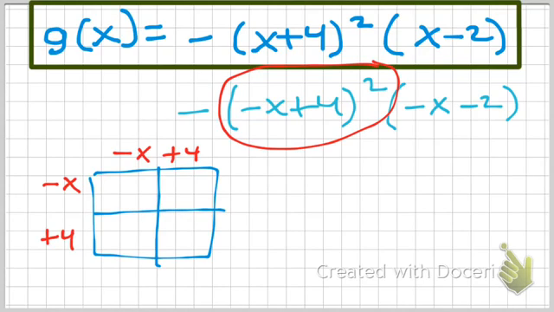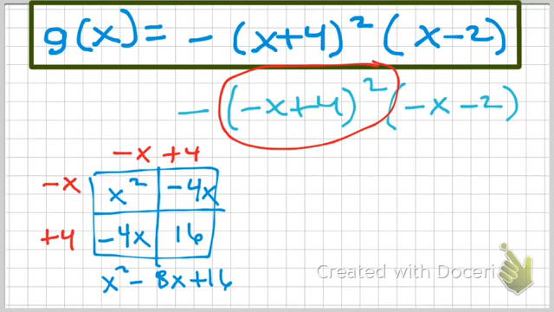Jackie, negative x times negative x. Negative x times 4, Jackie. Alexa, negative x times 4. Alexa, 4 times 4. So when I combine like terms, I get x squared minus 8x plus 16.